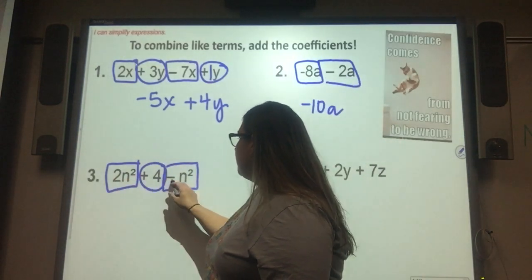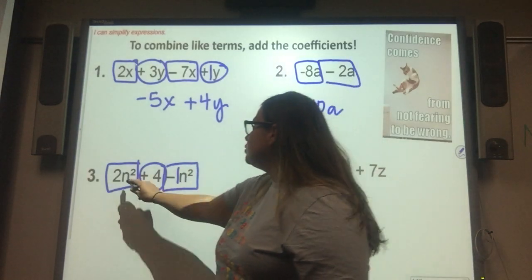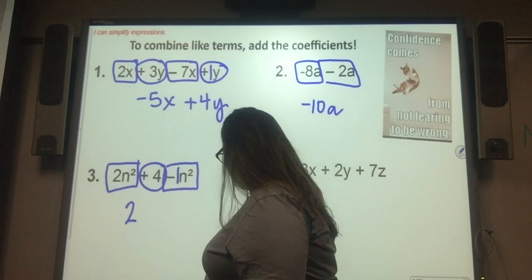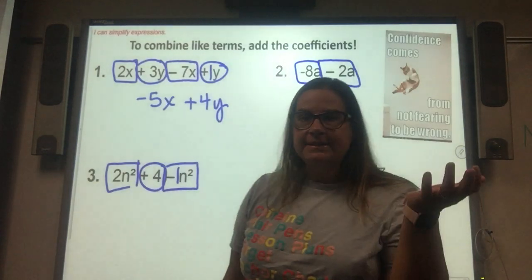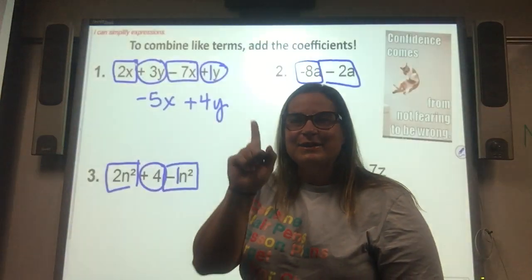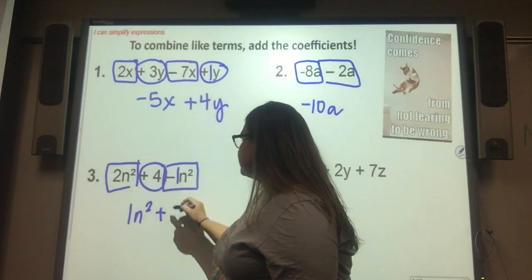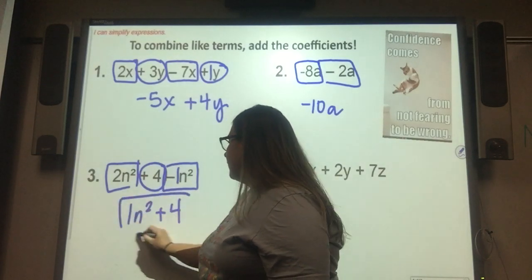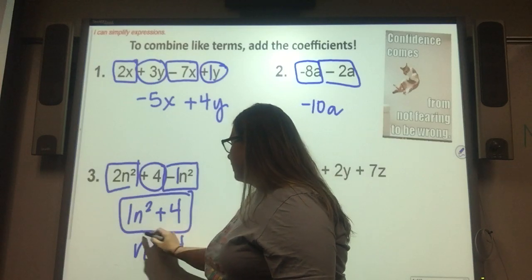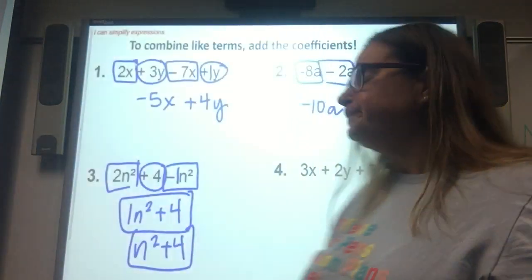So 2 minus, if there's no number, we assume it's a 1. 2 minus 1 is 2. Nope, just kidding, made a mistake. Let's try this again. 2 minus 1 is 1. See, even your teacher makes mistakes. Plus 4. Now, if you wanted to write it as n squared plus 4, that also works. That'll also work just fine.